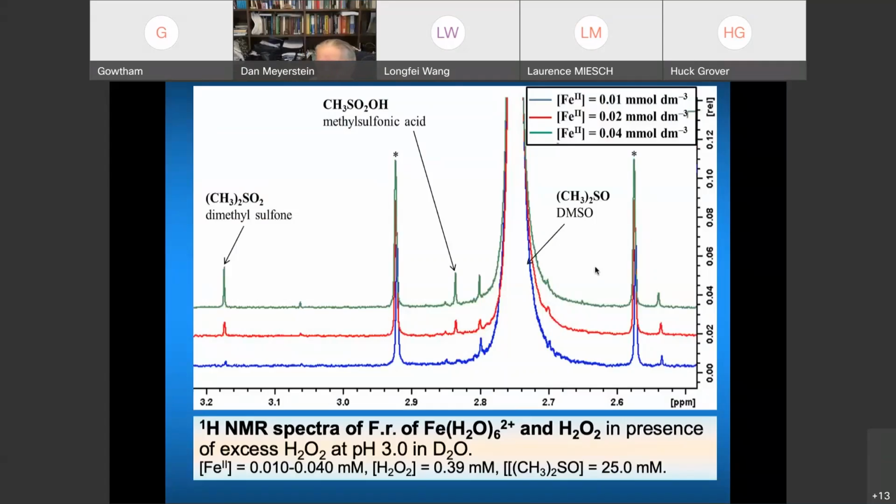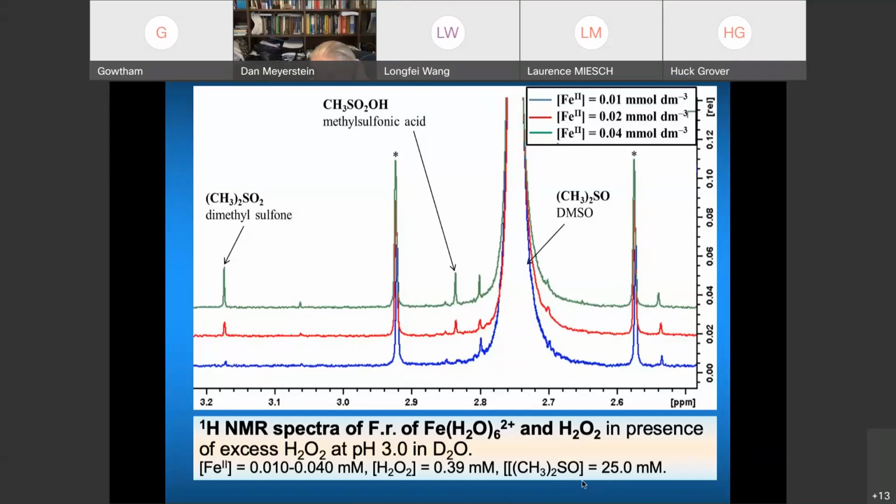And you can see that if you increase the excess or decrease the iron 2 concentration, you form more and more dimethylsulfone, which means that the reaction of iron 2 with hydrogen peroxide is a Fenton-like reaction which forms iron 4.